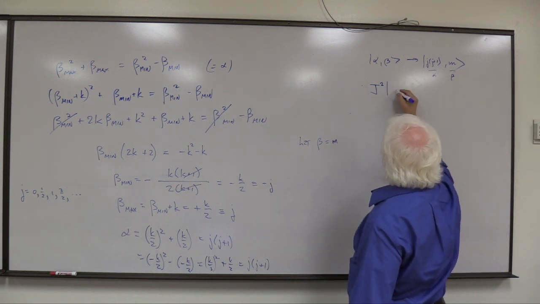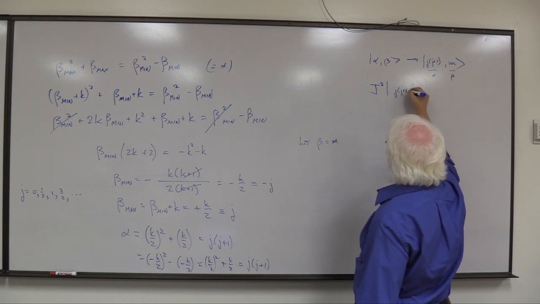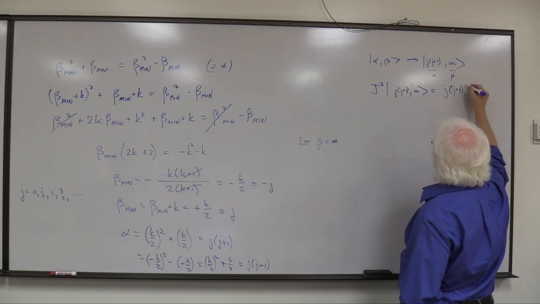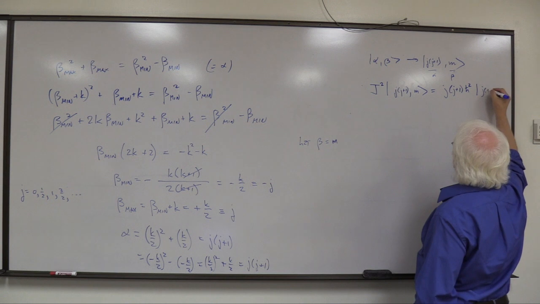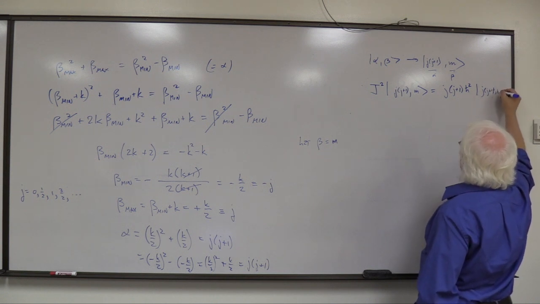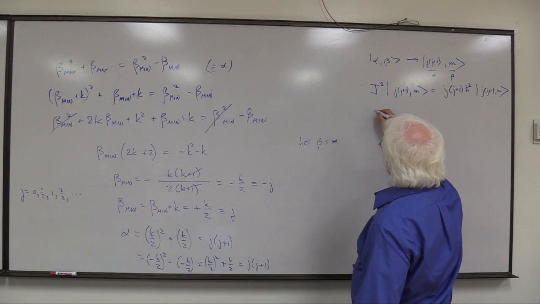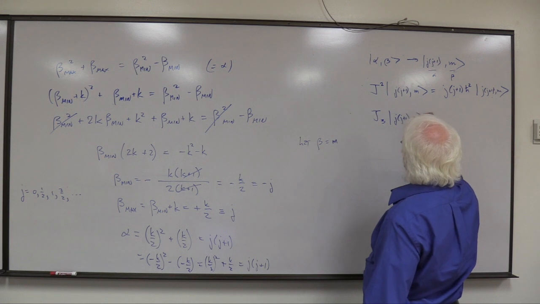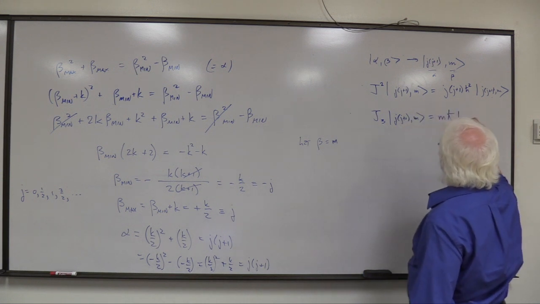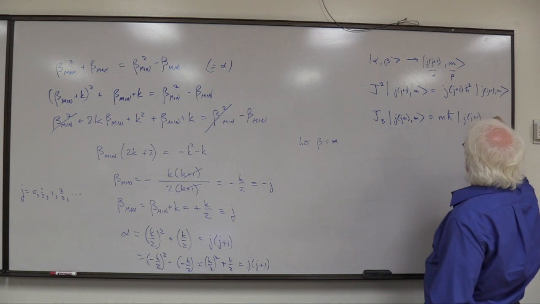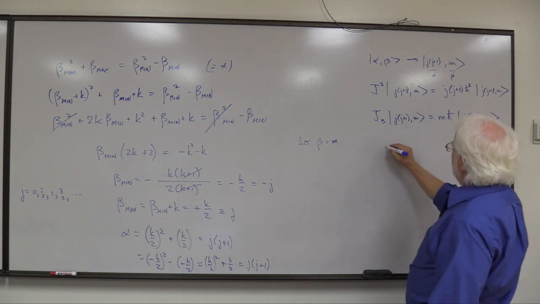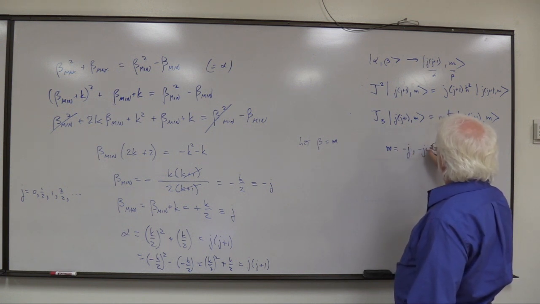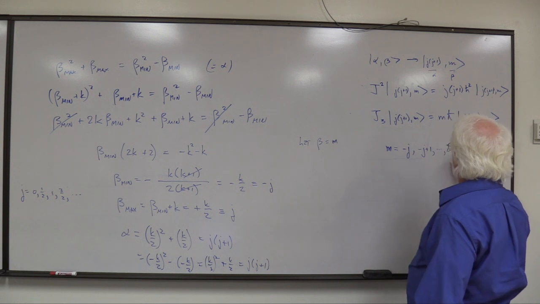So J squared on this state gives j times j plus 1 times h bar squared times the state, and J3 acting on it gives m h bar times the same thing, where m runs from minus j up through plus j.